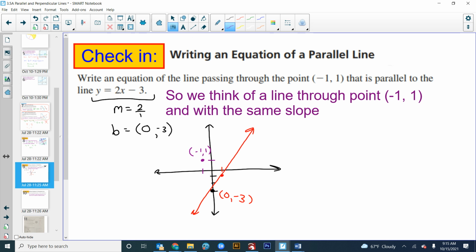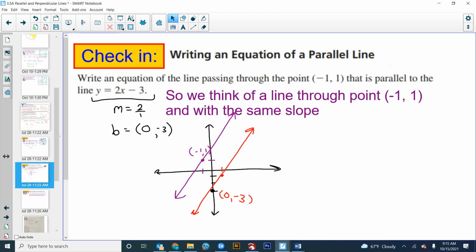Well, parallel means they're going to have the same slope. So ready? I'm going to cheat here. Do you agree this purple line right now is parallel to the red line? But does it go through -1, 1? That's the line that goes through -1, 1. They have to have the same slope.